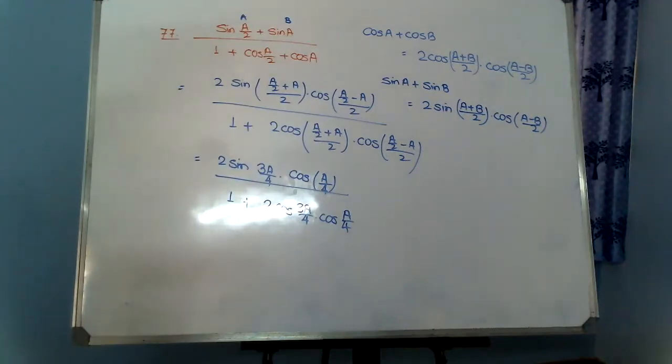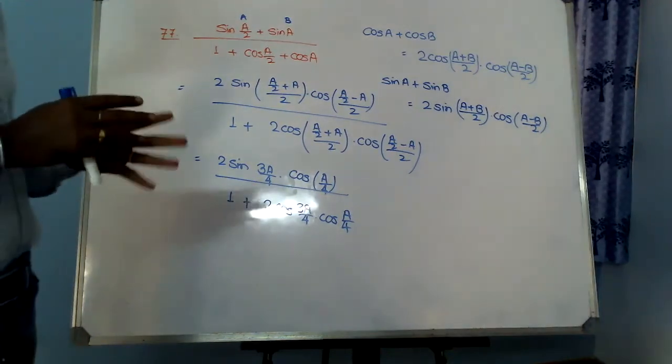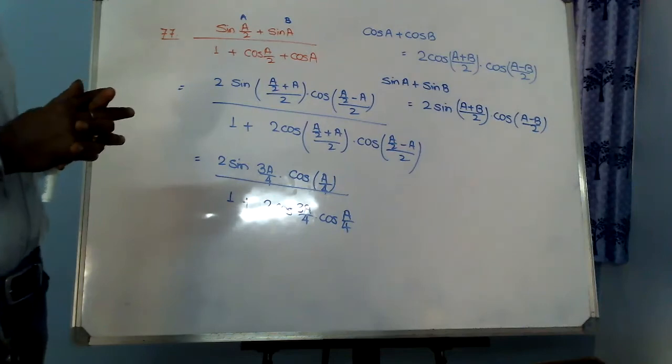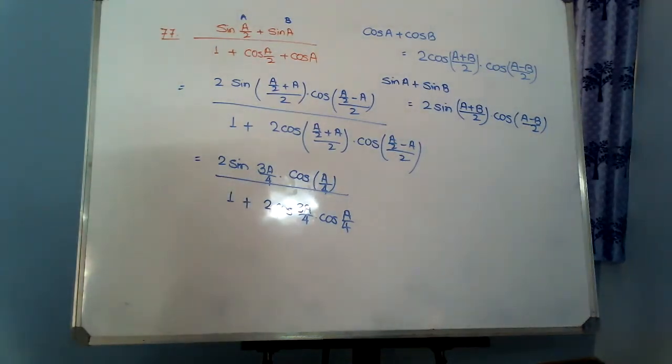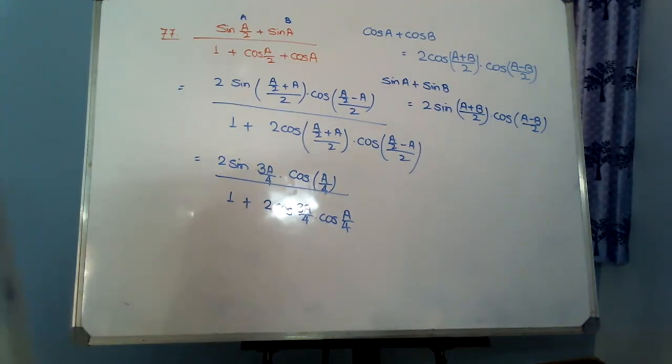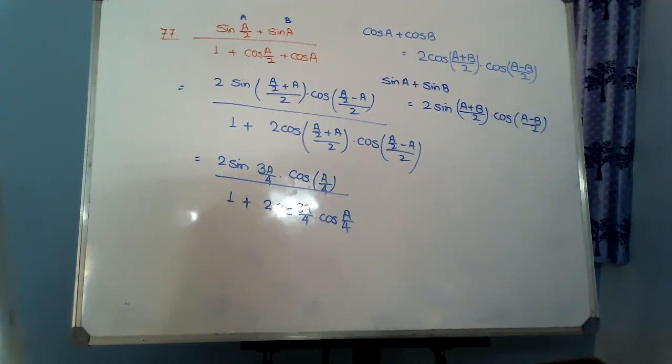Now this is still not anything like tan A by 2, sin A by 2 and all. What can we do here now? We applied sin A plus sin B, still we have not reached any solution. Let's see what other options we have.